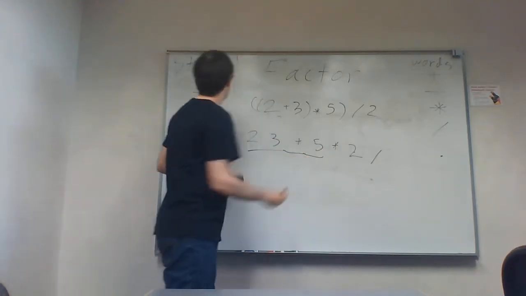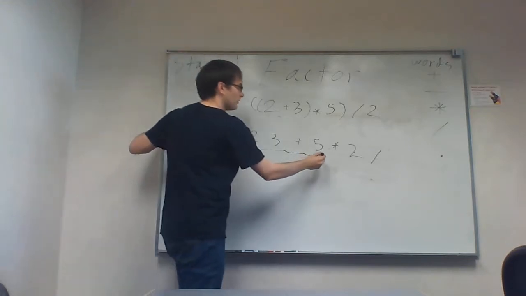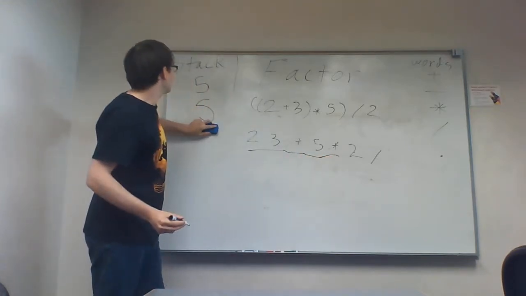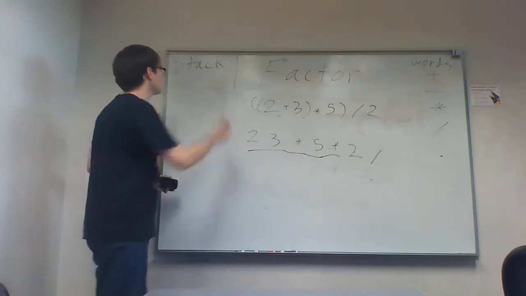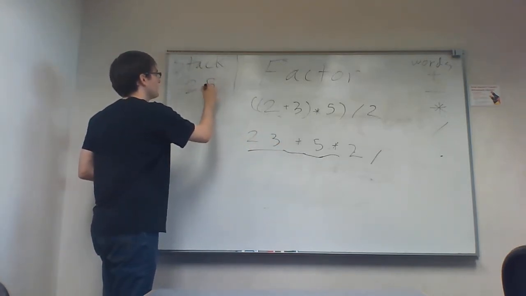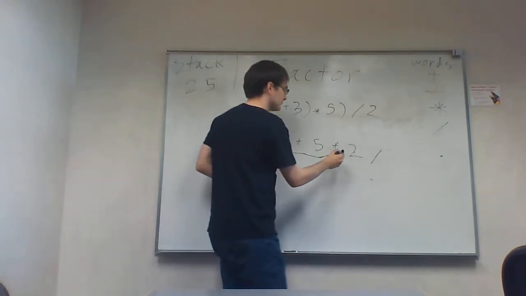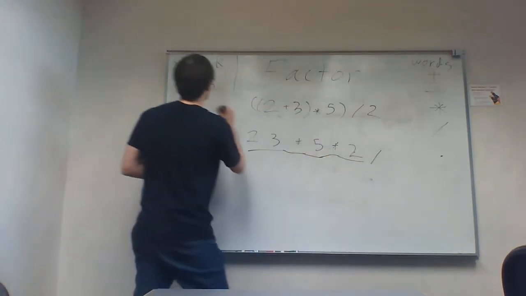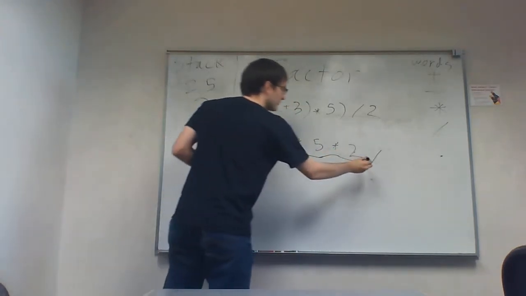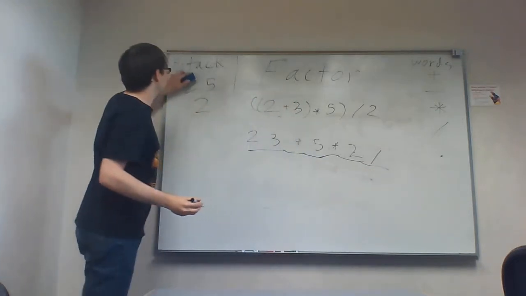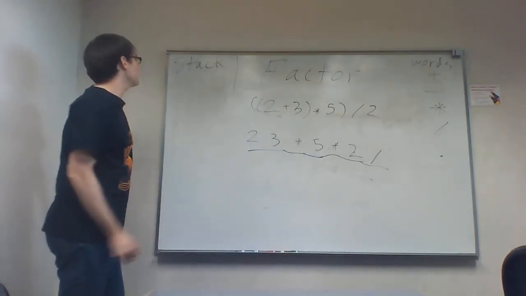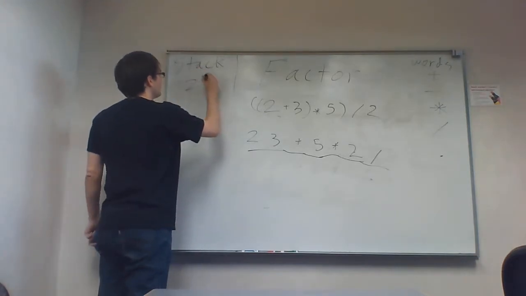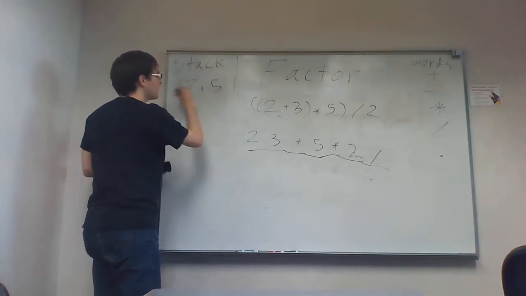And then the multiplication would take 2 values, remove them from the stack, multiply them, and put the result on the stack. And then the 2 gets added. And division happens, and it takes the 2 values, in which case it would be 25 divided by 2, and puts that on the stack.